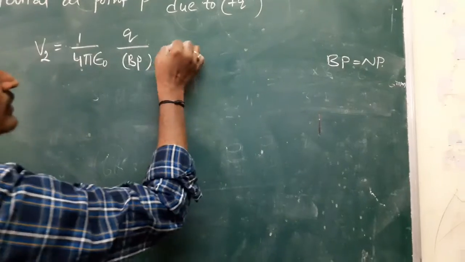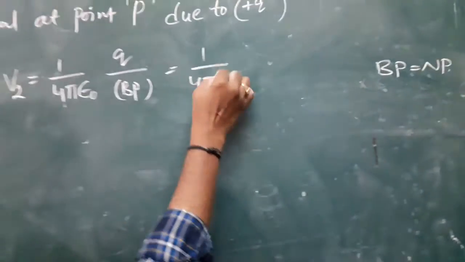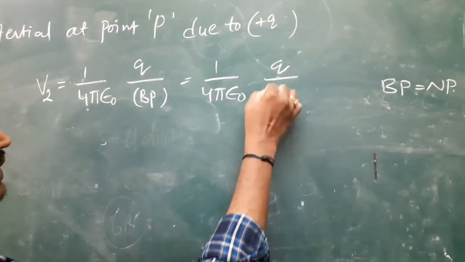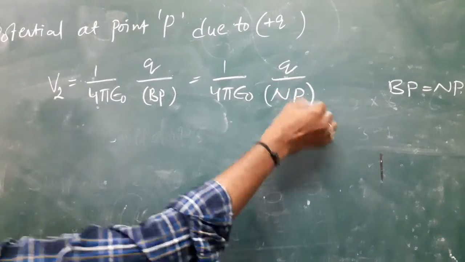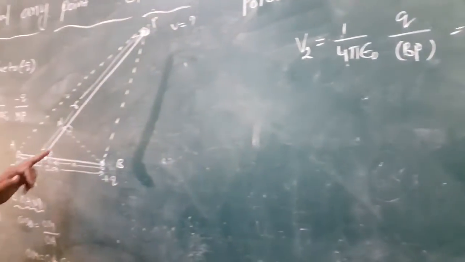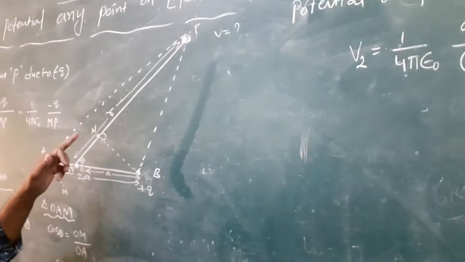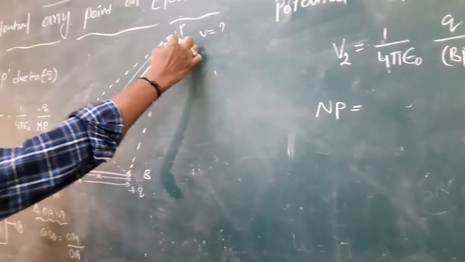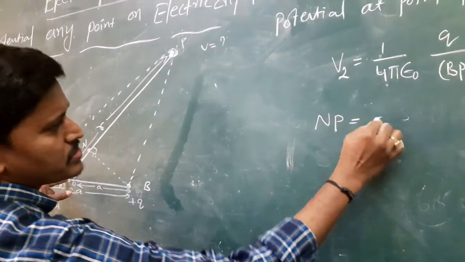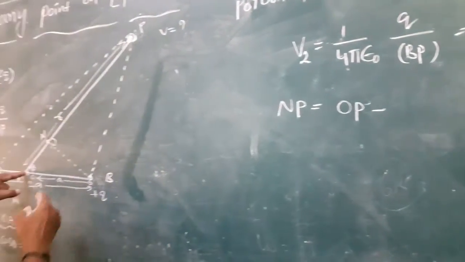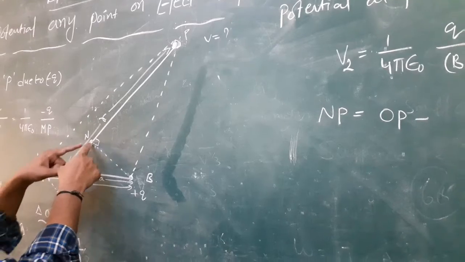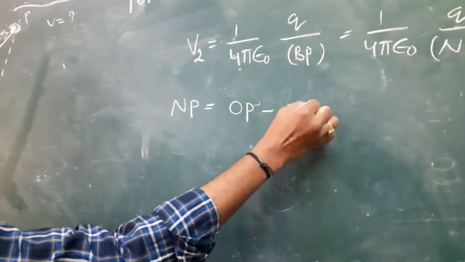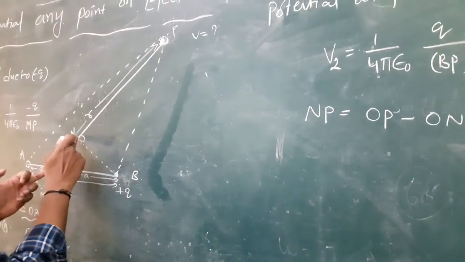So BP is equivalent to NP, which is equal to 1 by 4 pi epsilon naught Q by NP. Then here NP value we can measure. NP is equal to OP minus ON.